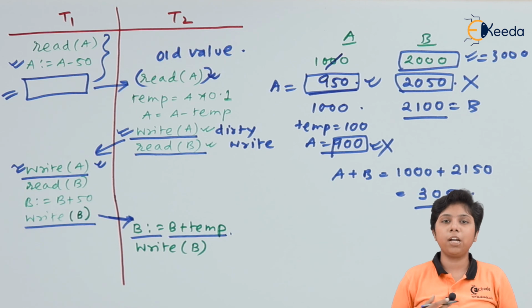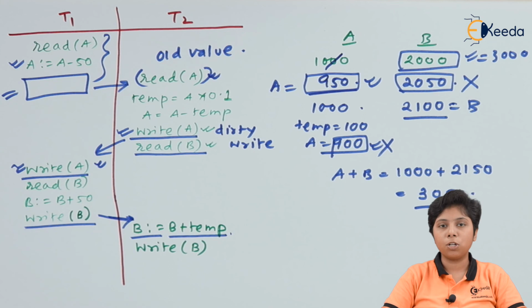So we need to take care of this type of situation by making the schedule possible within a concurrency control mechanism, where we will use different types of techniques to control this situation that we have faced while the inconsistency was there. So that is all for the concurrent execution of transactions.